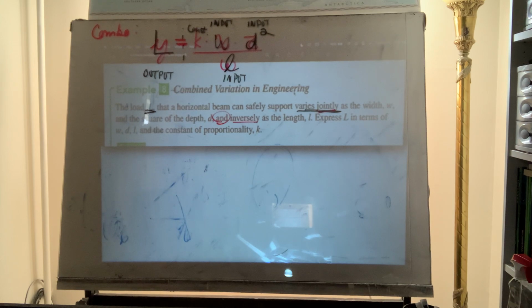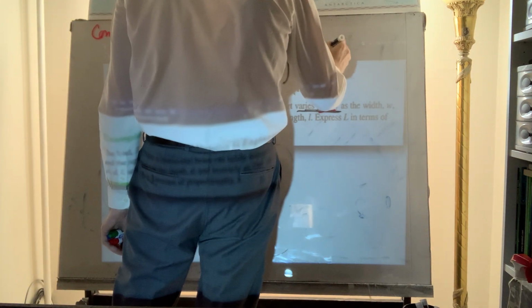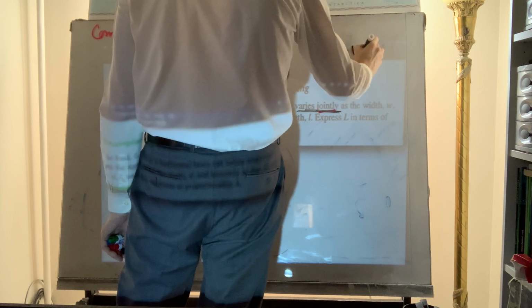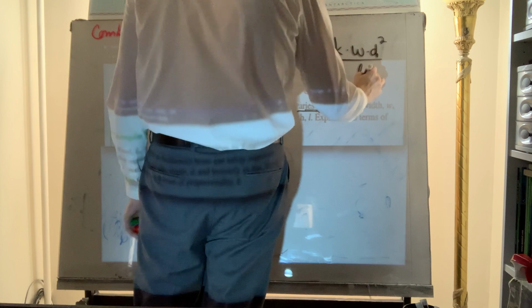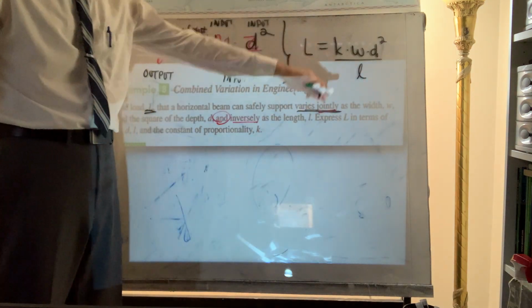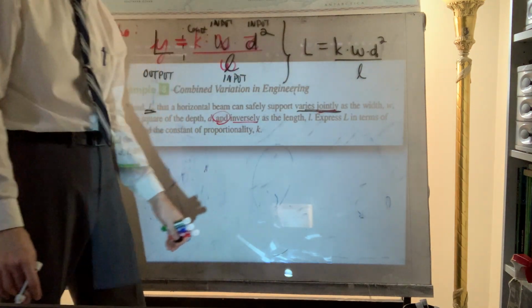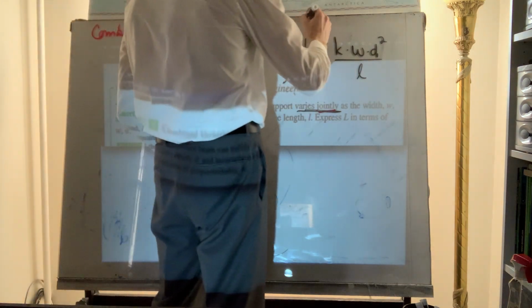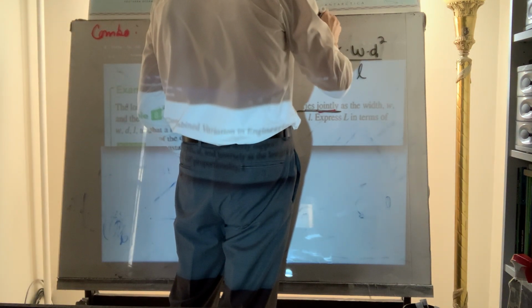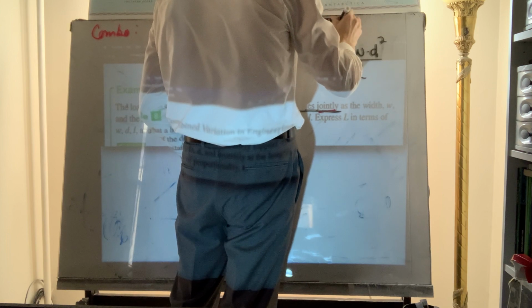Express L in terms of W, D, l and the constant of proportionality K. To write this a little bit more cleanly, this would be what they're asking. They didn't give us any specifics, they just wanted us to adapt the model to the problem.